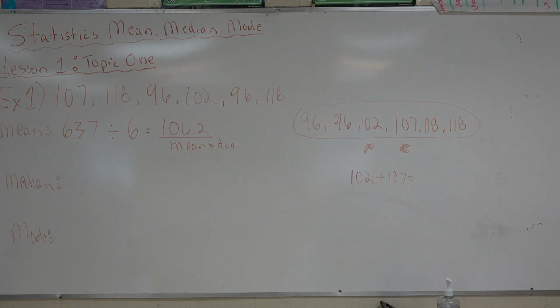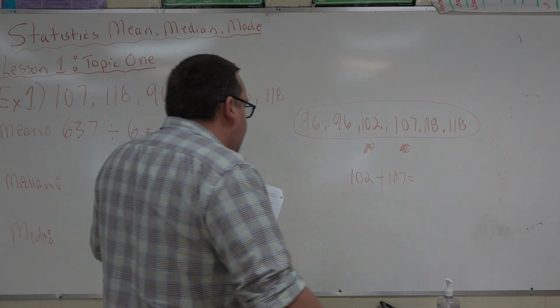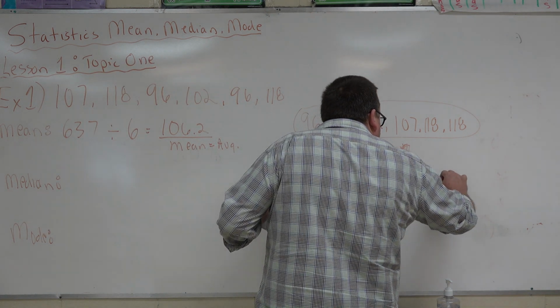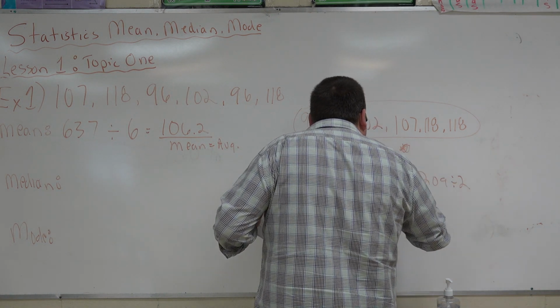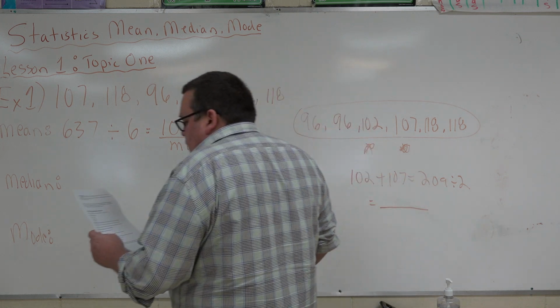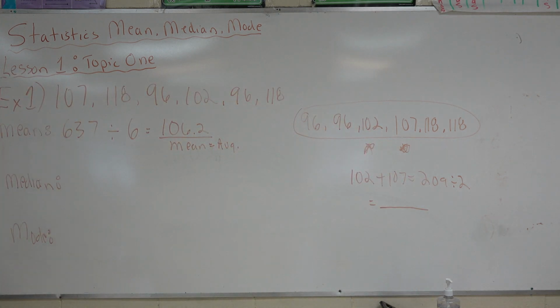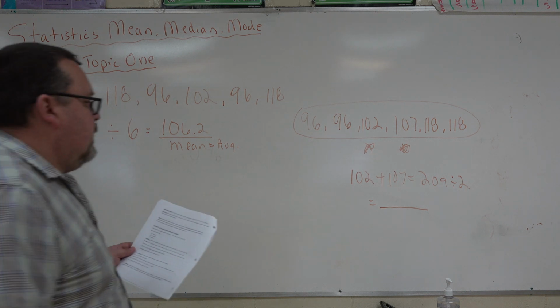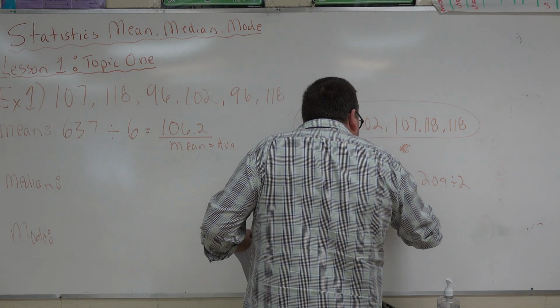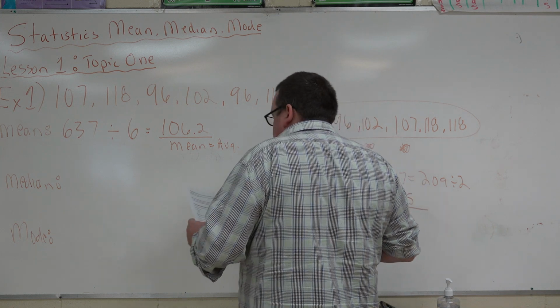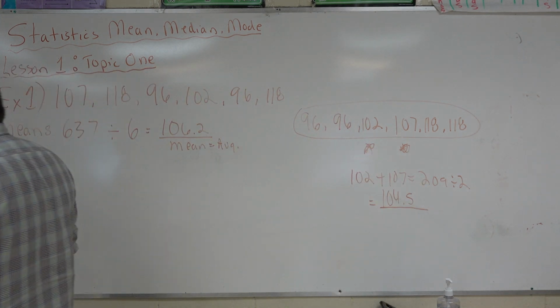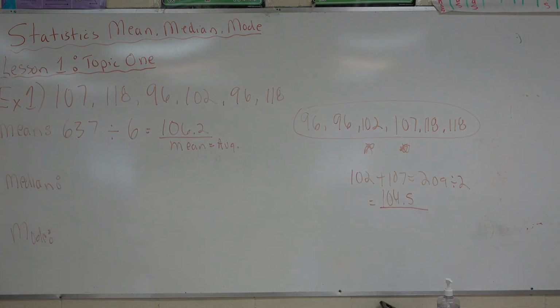So 107 plus 102, that's 209. You divide that by 2, this will give you the number you need to be considered your median, which is 104.5.